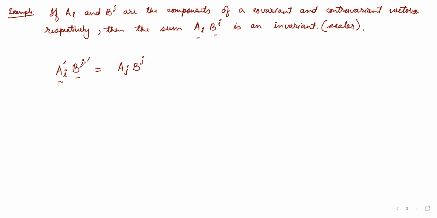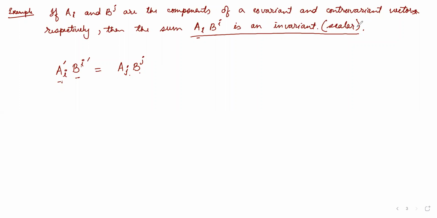And if we can show that this is equal to Aj Bj, where Aj is the component of the covariant vector A in the unprimed system and Bj is the component of the contravariant vector B in the unprimed system, so this is A1 B1 plus A2 B2 plus A3 B3. So if I can show that these two are equal, the left hand side is equal to the right hand side, then our work is done. Then it simply means that AiBi is an invariant.